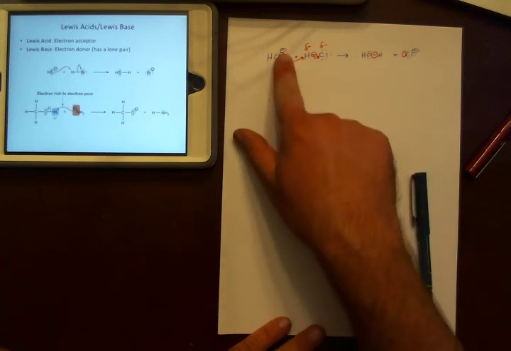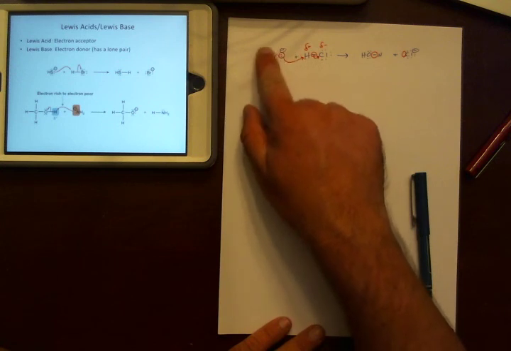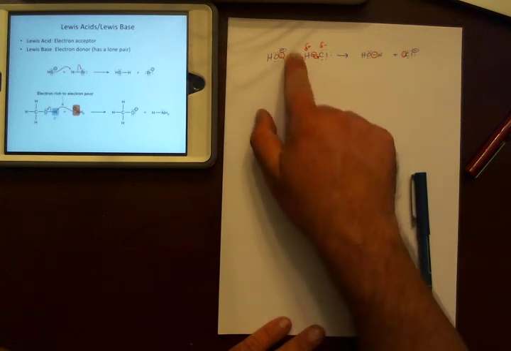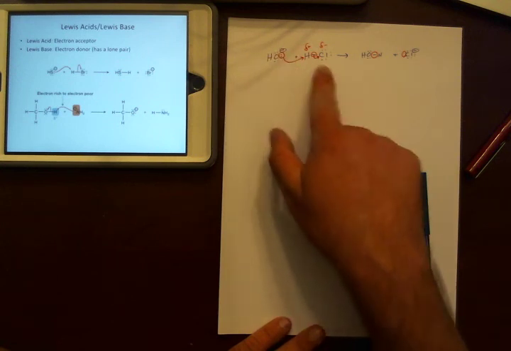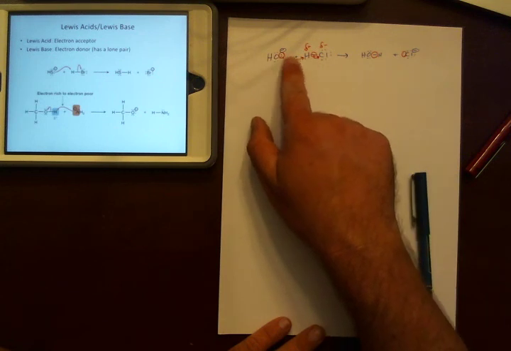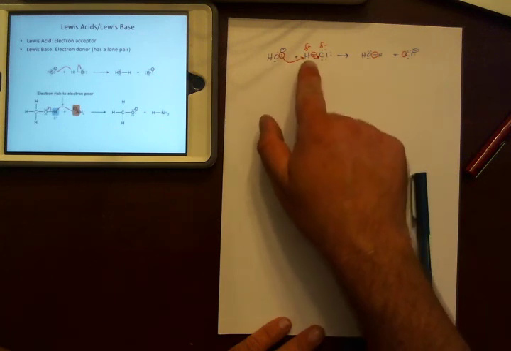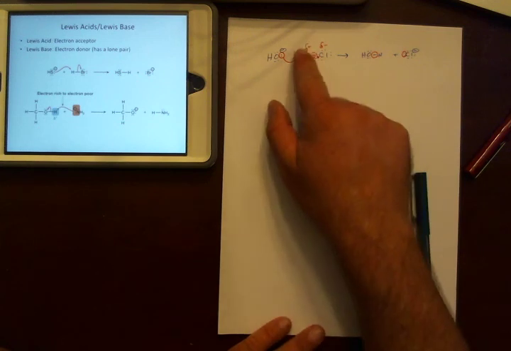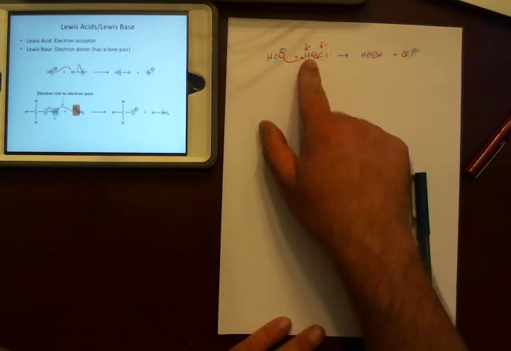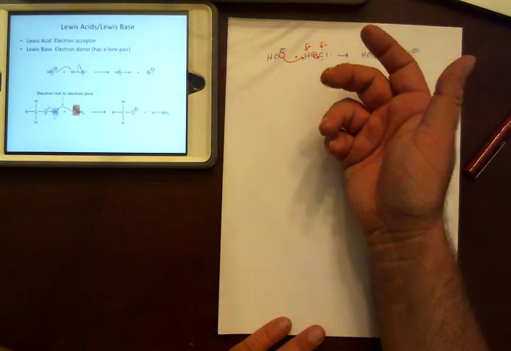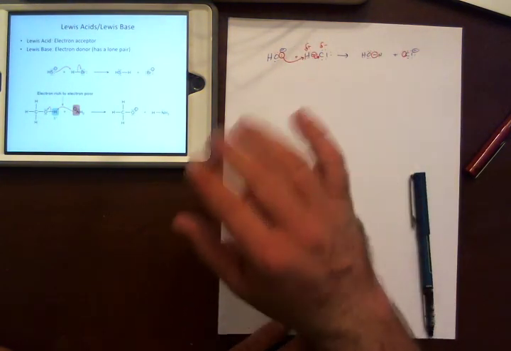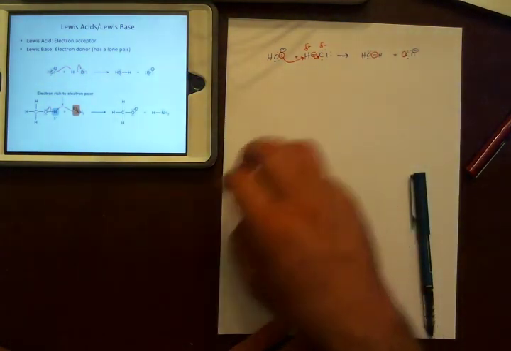So here, this base has a lot of extra electrons, so it has electrons to donate. This hydrogen, because it's lacking, has a partial positive charge. That means it's lacking electrons, and so it's going to be able to accept those electrons in to make the new bond. If you're a Bronsted acid, you're also a Lewis acid.